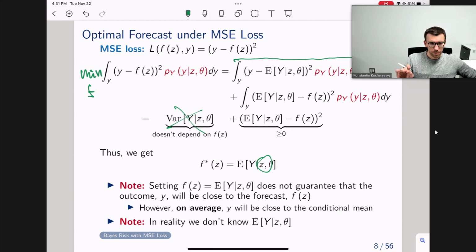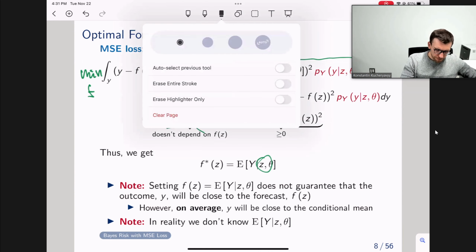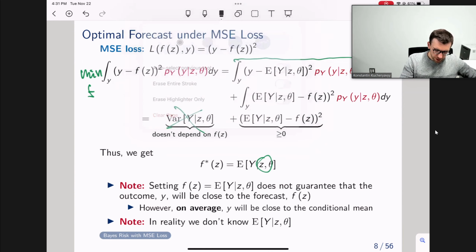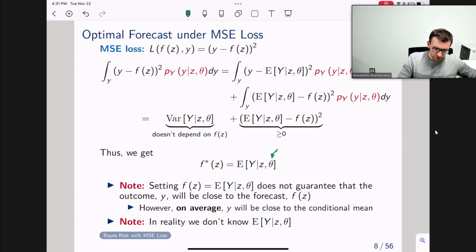Two notes, two observations. One observation is that, suppose we know this parameter theta, suppose we are in some ideal world where we know this object, this data generating process. Then observe that still our optimal forecast is the mean value of y.